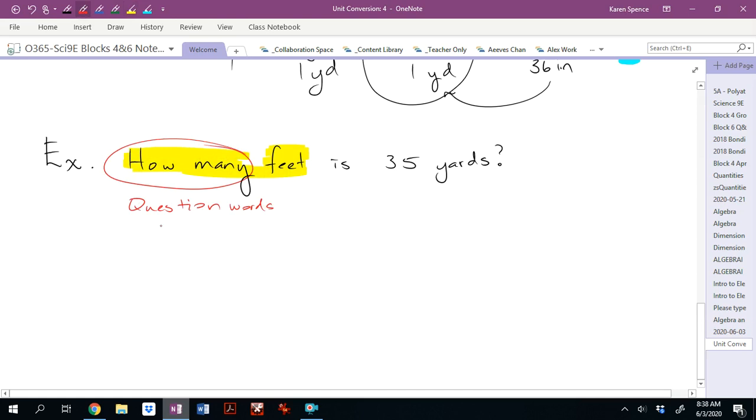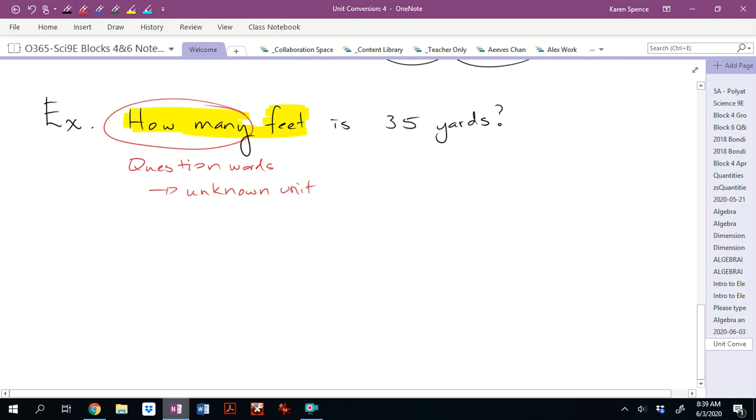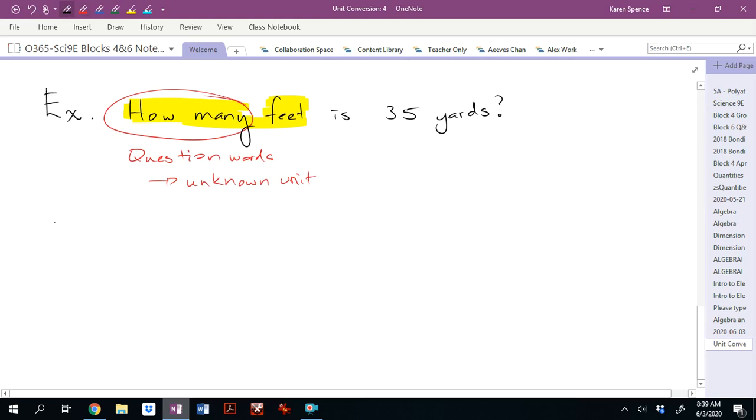And when you have question words, that means that is your unknown unit. So we are going to identify the unknown unit, and in this case, that is feet. We don't know how many feet.